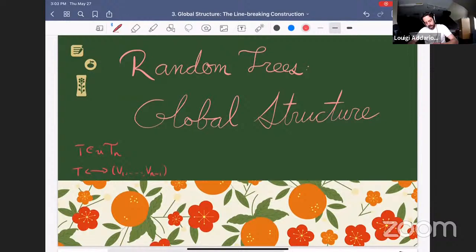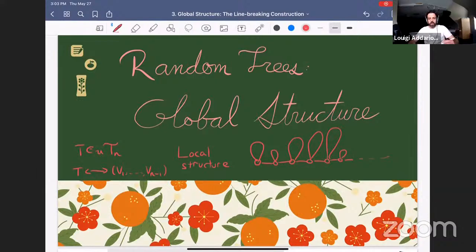And then we use that to study the local structure near the root and near a random vertex in T. And we saw that that looked like a sequence of uniformly random trees of random sizes, these Borel distributed sizes, arranged along a large or, in the limit, infinite backbone.